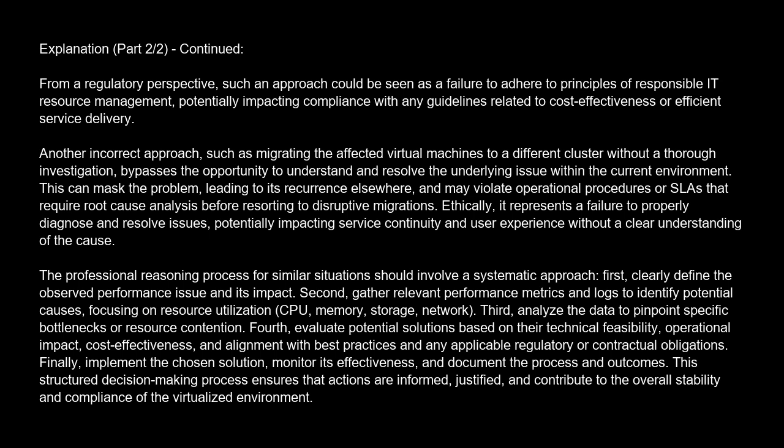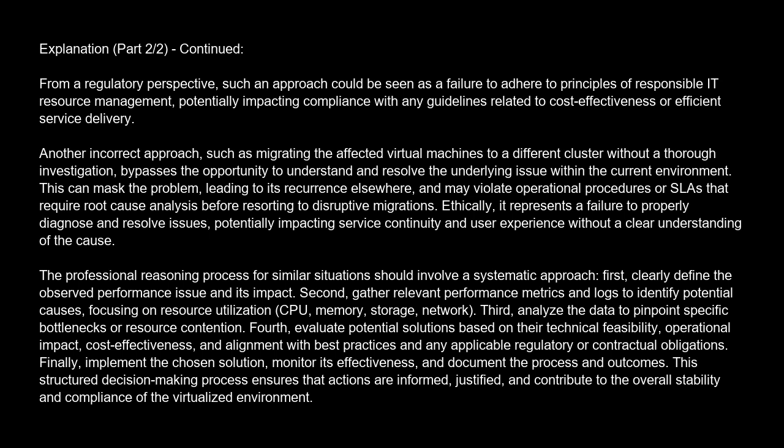The professional reasoning process for similar situations should involve a systematic approach. First, clearly define the observed performance issue and its impact. Second, gather relevant performance metrics and logs to identify potential causes, focusing on resource utilization: CPU, memory, storage, network. Third, analyze the data to pinpoint specific bottlenecks or resource contention.